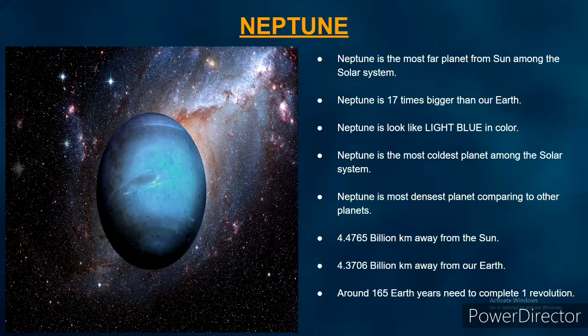Neptune is most densest planet comparing to other planets. Neptune is 4.4765 billion kilometers away from the Sun and 4.3706 billion away from our Earth. Around 165 Earth year needs to complete one revolution.